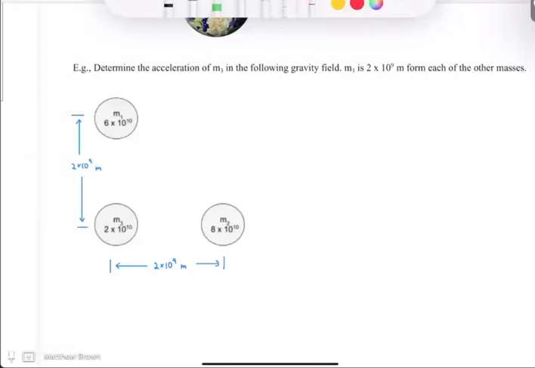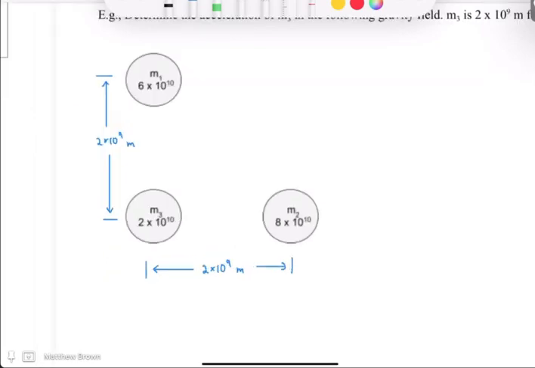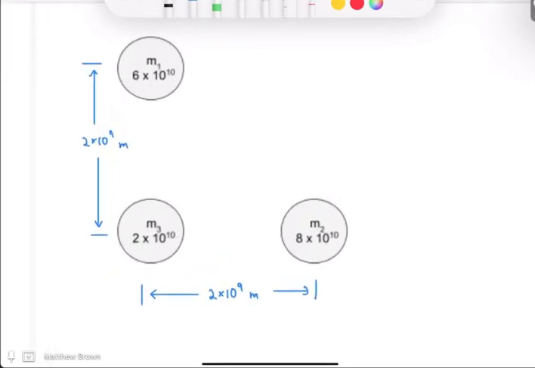In order to figure out the acceleration, that means we need to figure out the force acting on it, and the force acting on it right now would just be the sum of the two forces acting on it. And note, in this case, there would be movement for all three of them. M1 would move because of the force of M3 and M2, so you'd probably have something like this one moving in that direction.